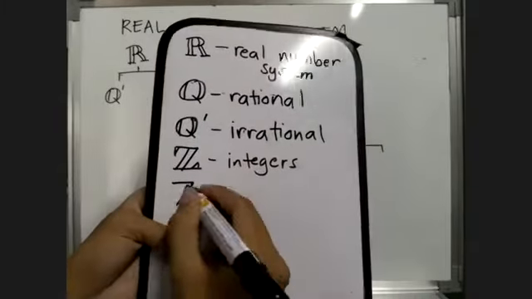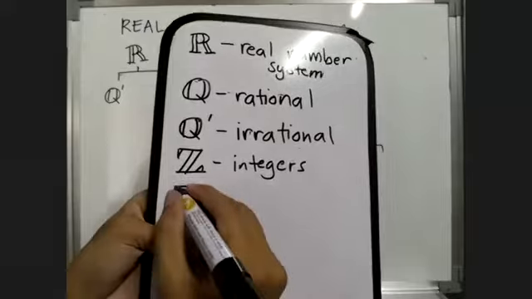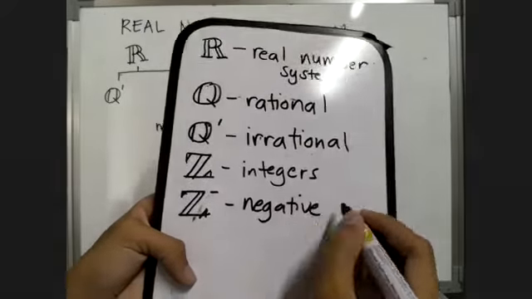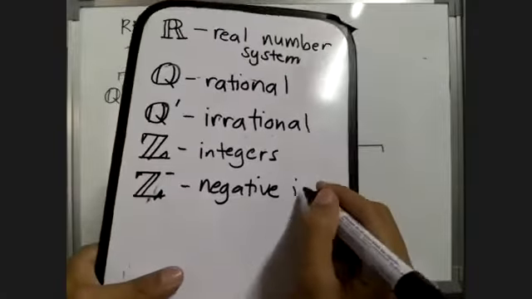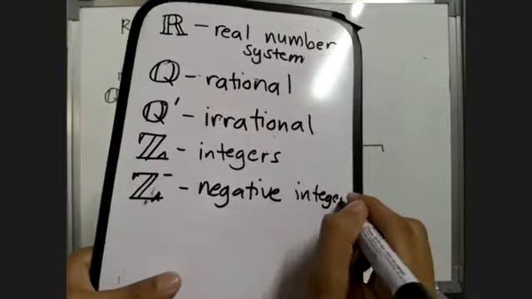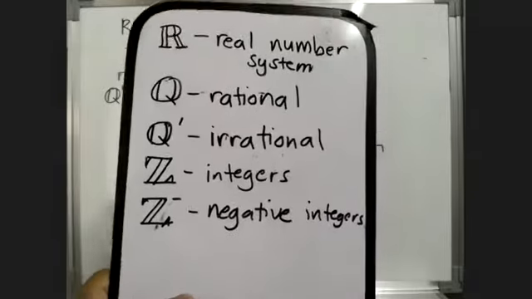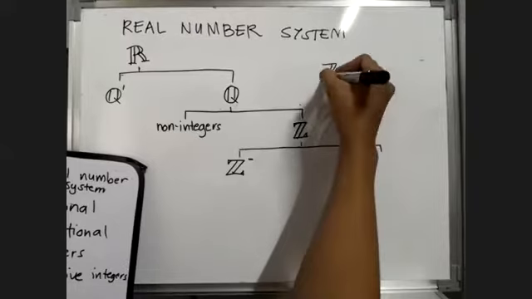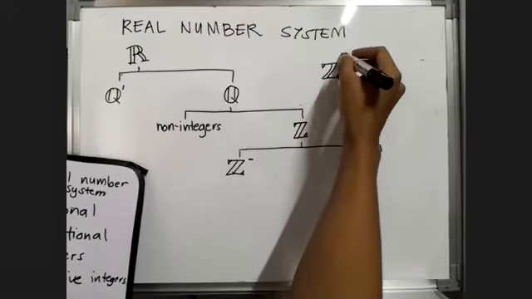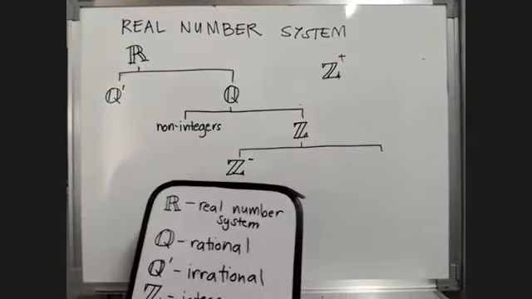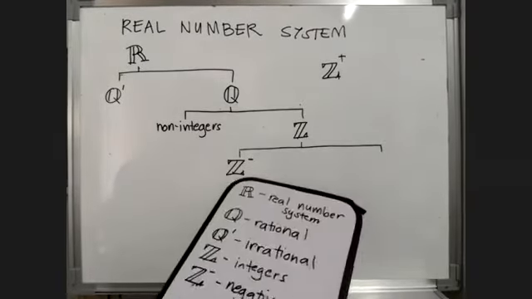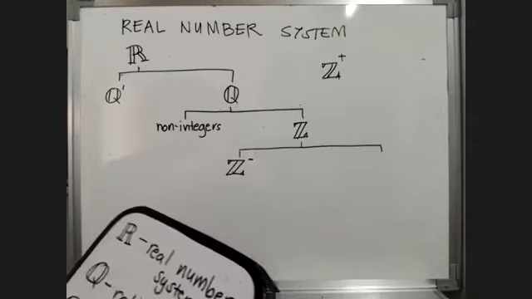Okay, negative integers yan. So, si positive integers, Z, positive lang nakalagay sa taas. Understood naman kapag non-negative, ibig sabihin it's either positive or non-sign numbers.